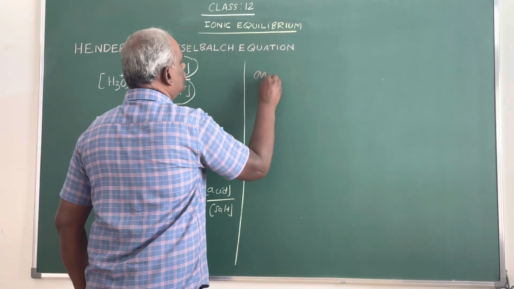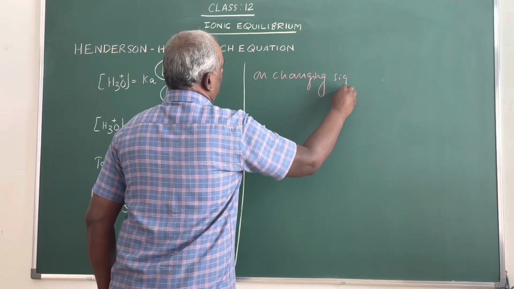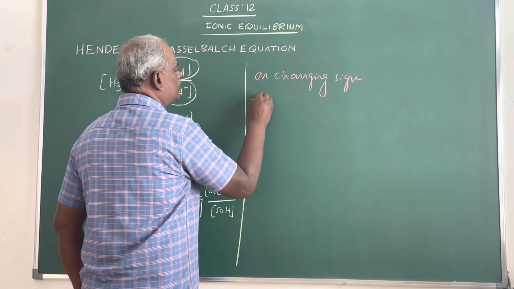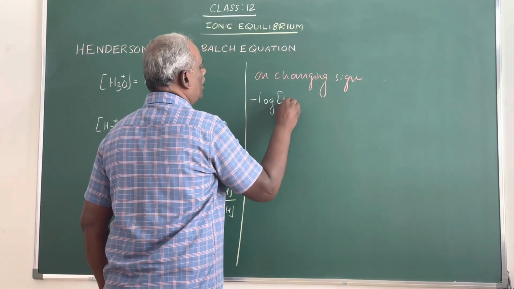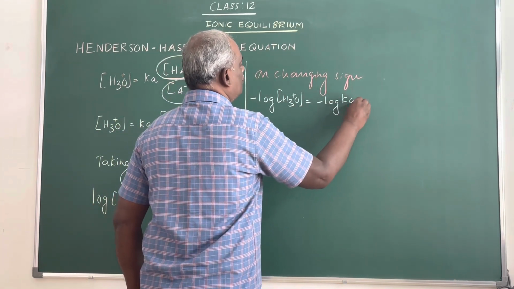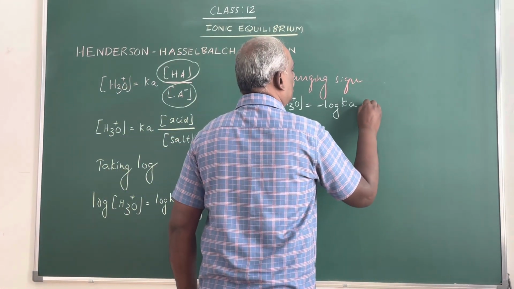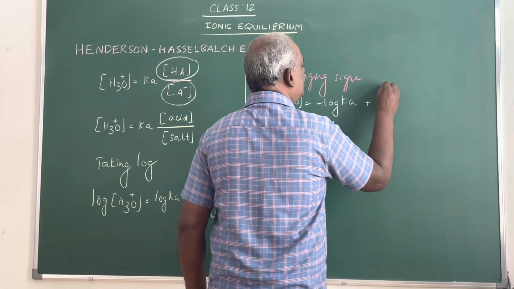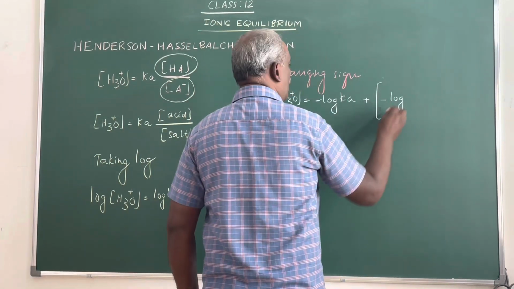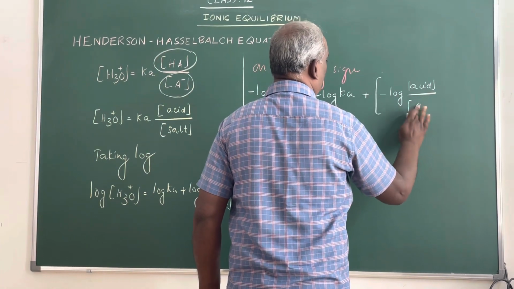On changing sign in the above given expression, you can have a new equation as follows: minus logarithm of hydronium ion concentration equals minus log of Ka, and for our convenience I can write like this, plus into, I can open a bracket, minus log of acid concentration by the concentration of salt.